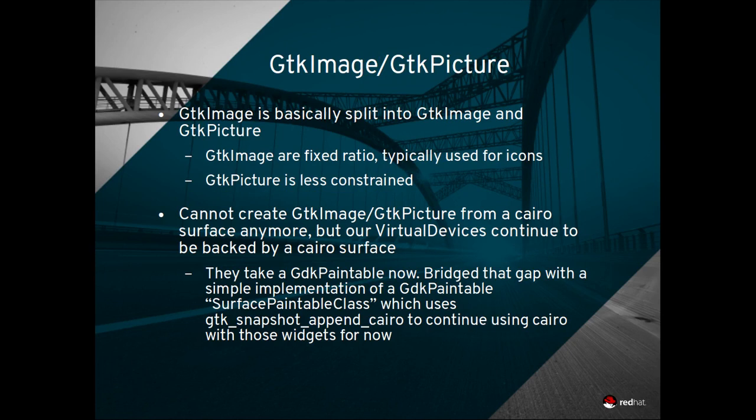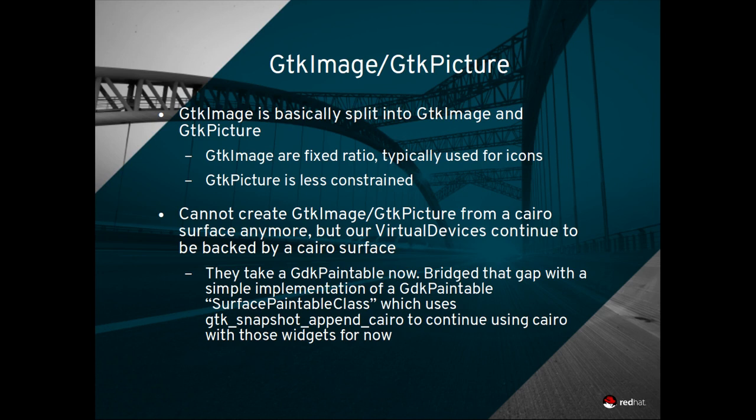GTK image, GTK picture. In GTK3 you have a single class, GTK image. In GTK4 this has effectively been split into two separate things: GTK image, which is a fixed ratio widget typically used for rendering icons, and GTK picture, which is less constrained.